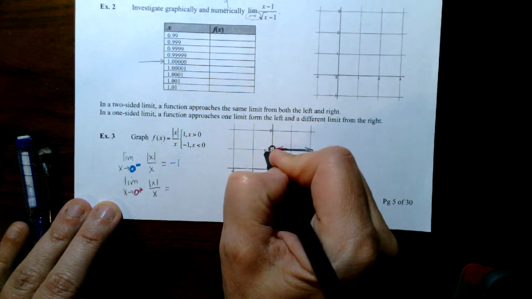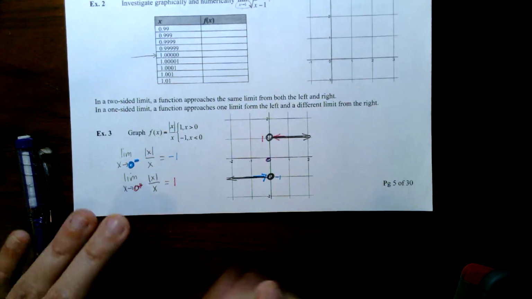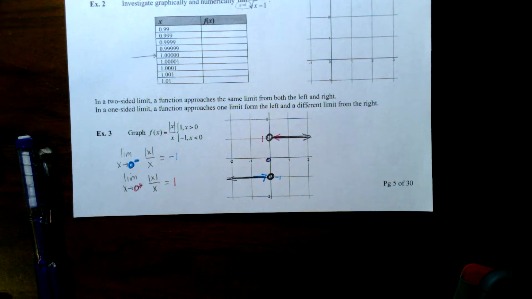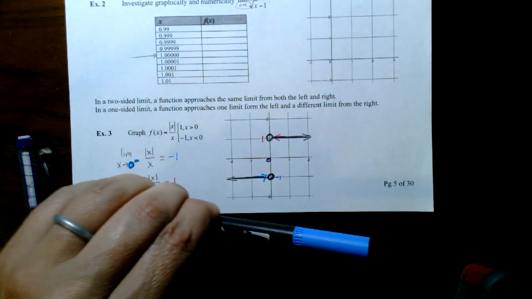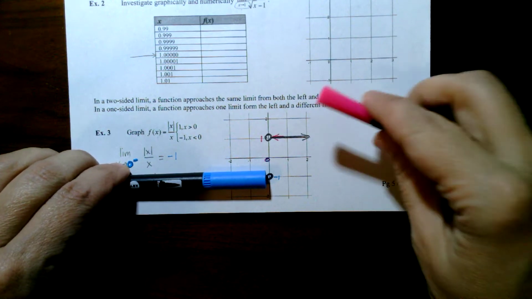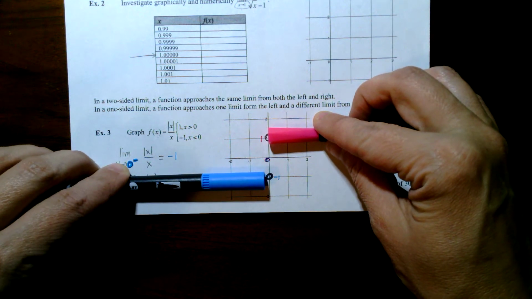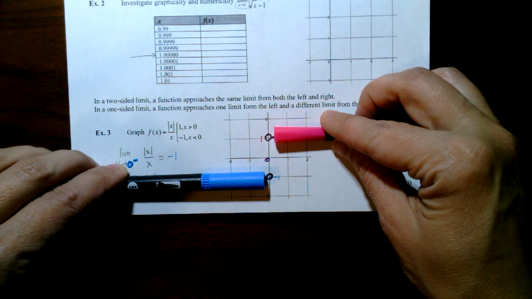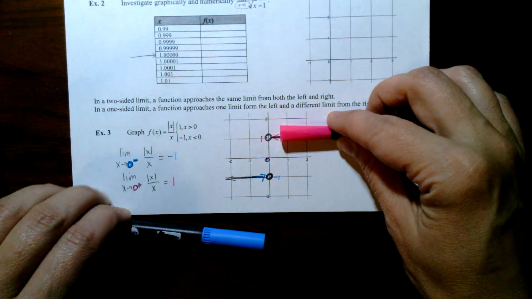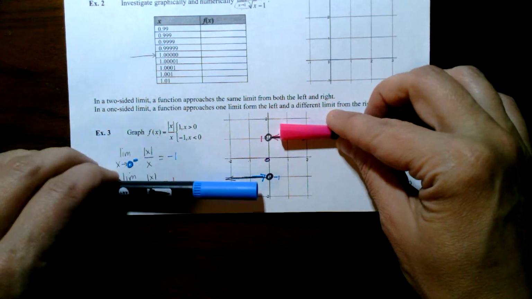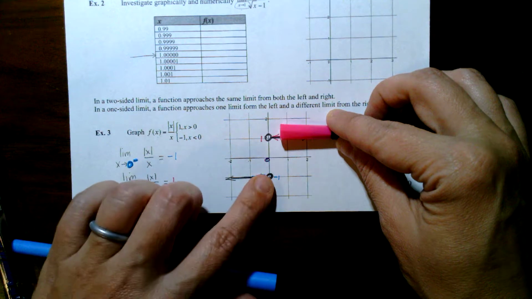This looks like it's approaching 1. So think of it this way. Here's the blue, here's the pink. They are approaching different points. The y values, the limit from the right is 1, the limit from the left is -1.